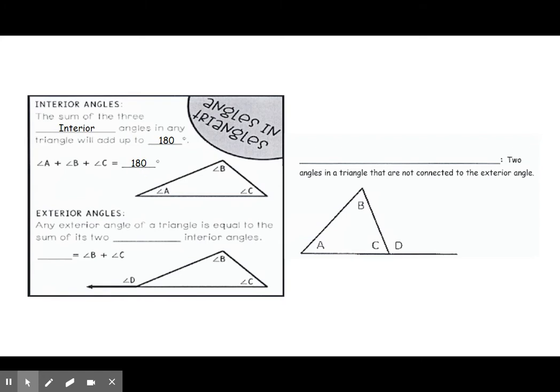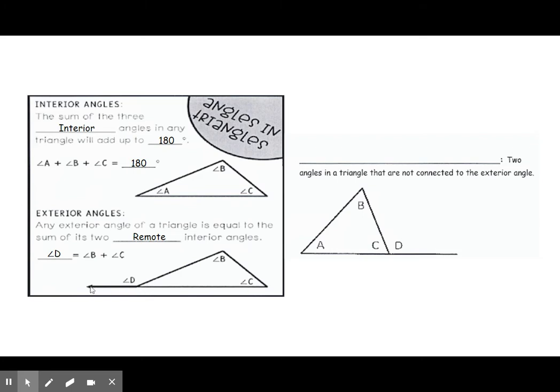All right, now let's talk about exterior angles. This is what we call the exterior angle theorem. The exterior angle theorem says that any exterior angle of a triangle is equal to the sum of its two remote interior angles. Remember, exterior means outside. Here's my triangle.